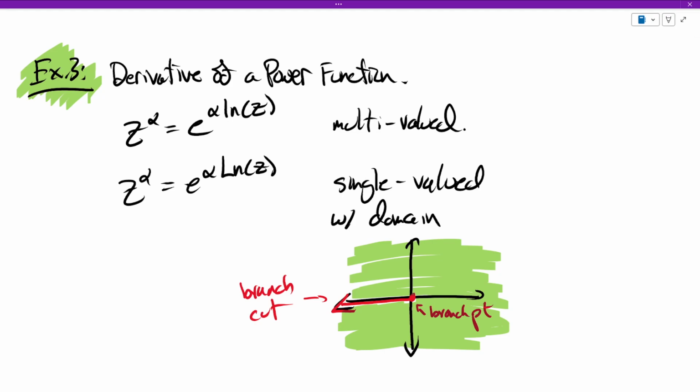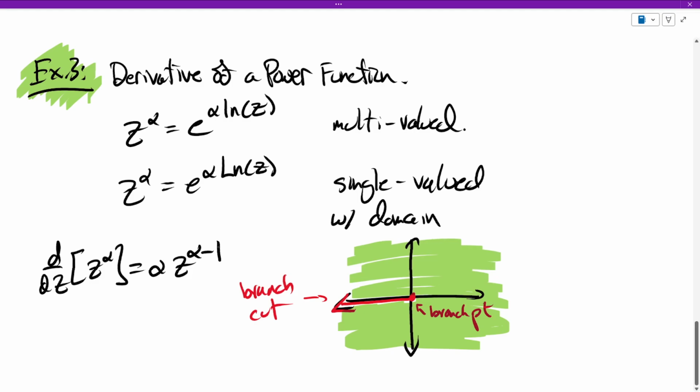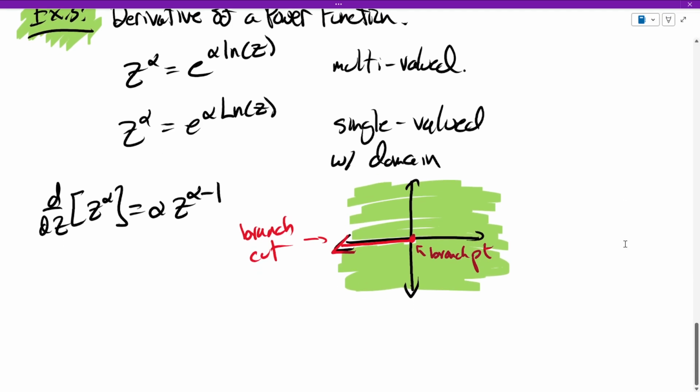Now here, the derivative of z to the alpha, viewed as the principal value, I'm not going to go in and rename functions like in the book, is again alpha z to the alpha minus 1. The way you can go about seeing that is taking the expression like normal.